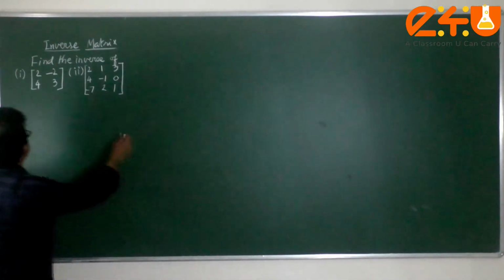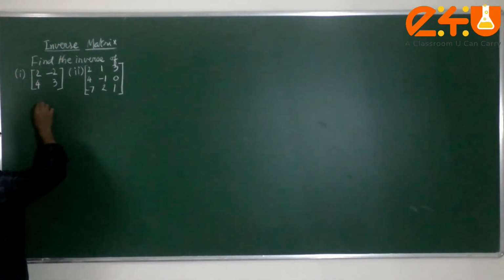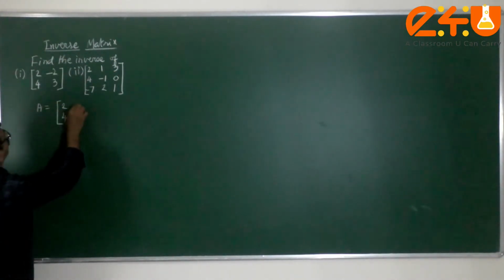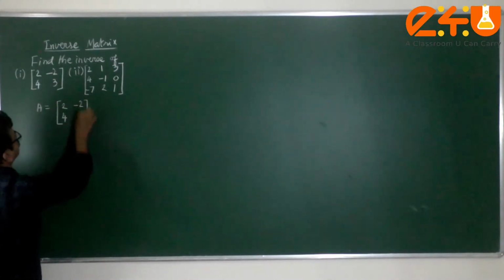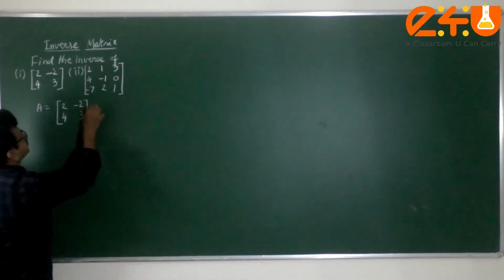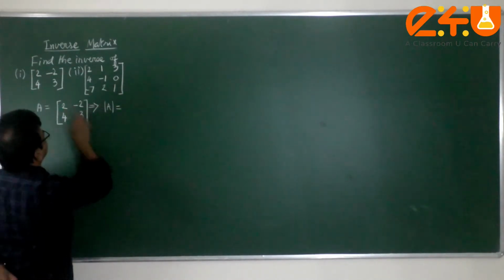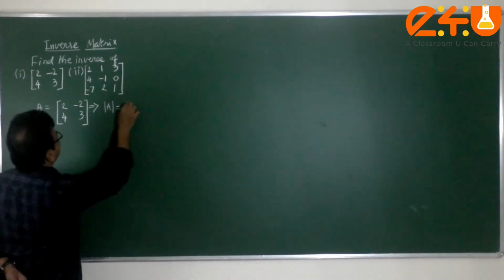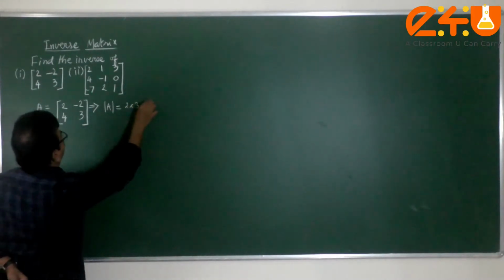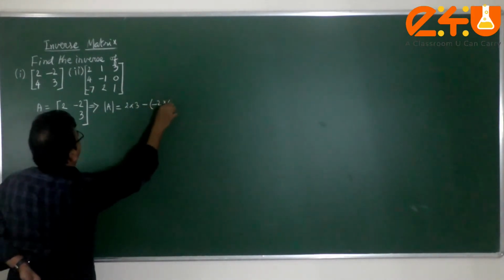Let me take the matrix as A, with 2, 4 in column 1 and minus 2, 3 in column 2. Straight away, I am able to write the value of the determinant, which is the product of diagonal elements 2 into 3 minus negative 2 into 4.